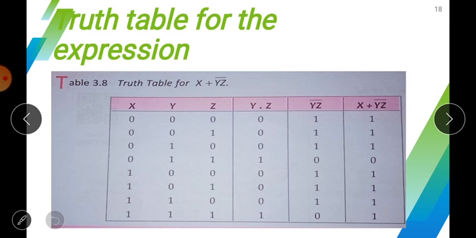So all the possible combinations are written here. First of all we have to calculate the AND operation, and just as we have already done with 2 input gates, we will do the same with the 3 input gate. You have to remember one key point with the AND gate: the output will be true when all the inputs are true.